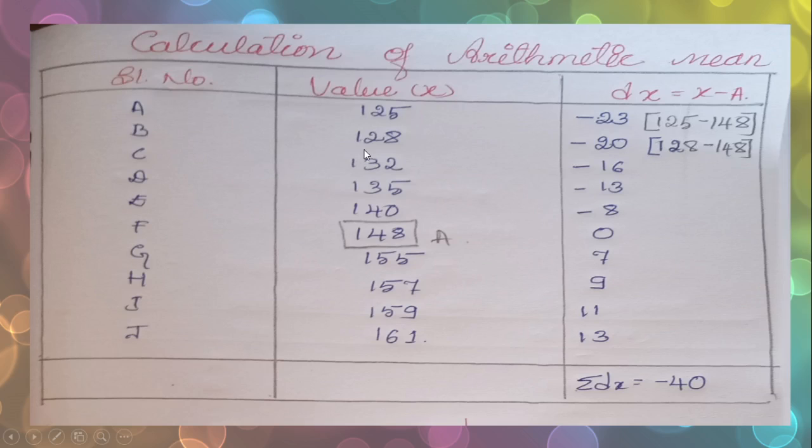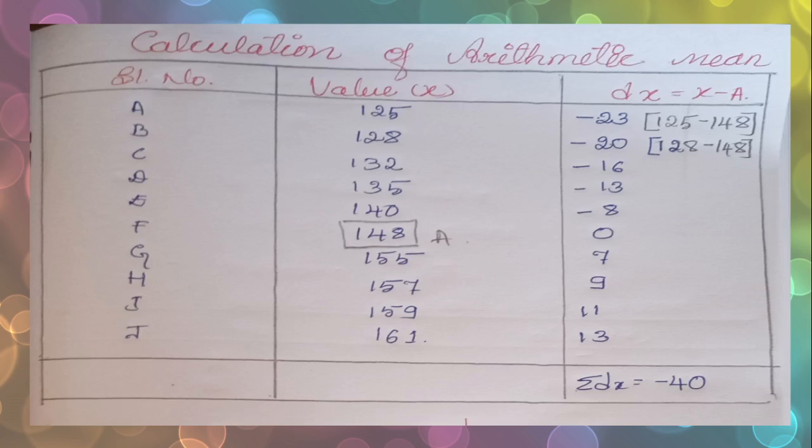The next one, 128 minus 148, is minus 20. 132 minus 148 is minus 16. 135 minus 148, minus 13. 140 minus 148, minus 8. 148 minus 148 is 0. Here 155 minus 148 is 7. Like that, we calculate the deviation of x.